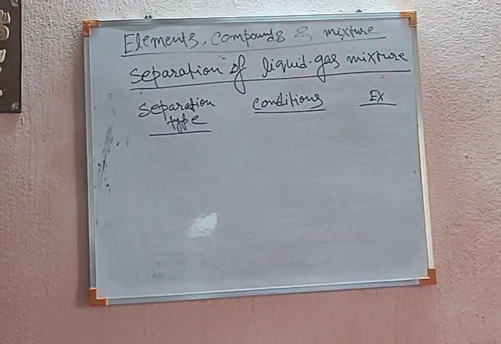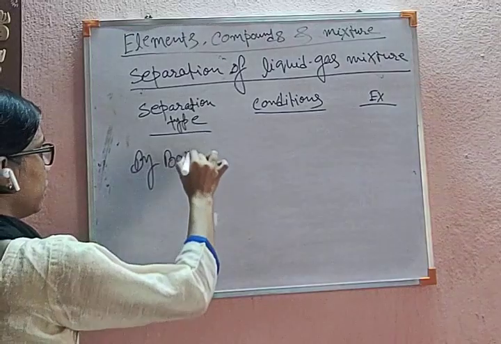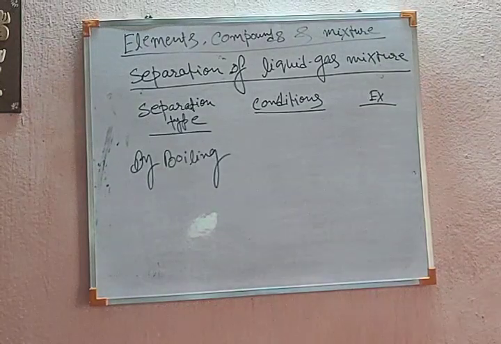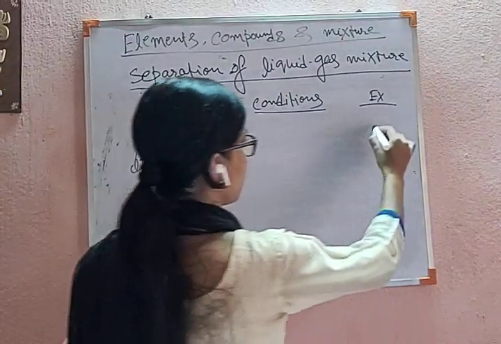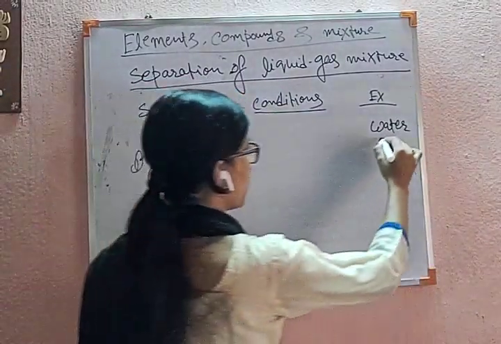First separation type is by boiling. By boiling we can separate the water and carbon dioxide. First I am giving the example, then you can understand it better.